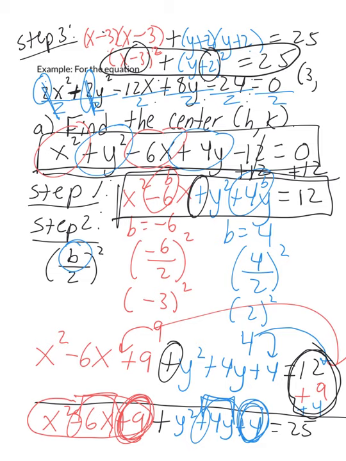I have a positive 2 trapped with y, which will become negative 2. So my center here is the point (3, -2). I'm going to bring that standard form answer on over to the next slide to find the radius. And eventually, when you find the intercepts, you want to plug in to the standard form, not the general form equation. Let's look at the next slide.